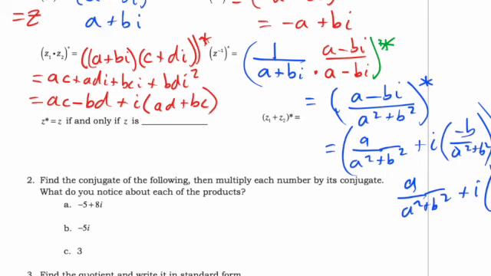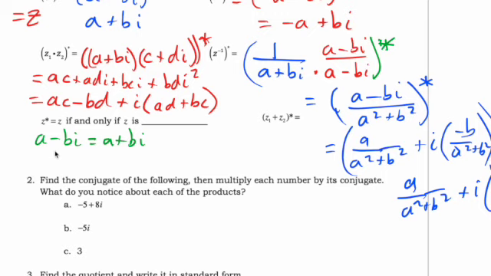Okay, now if you think about the next one here, z star equals z if and only if. Let's check it out. Let's just represent z as a plus bi. So let's just write the conjugate of z. It would be a minus bi equals a plus bi.